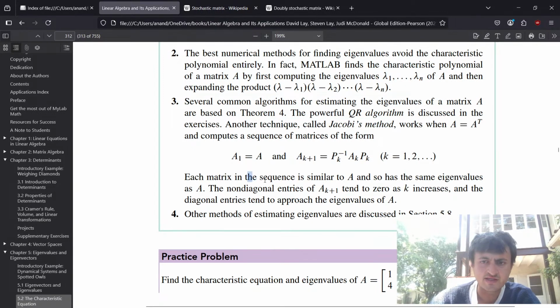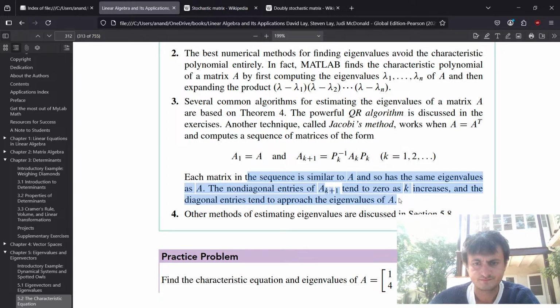Each matrix in the sequence is similar to A and so has the same eigenvalues. The non-diagonal entries tend to 0 as k increases, and the diagonal entries tend to approach the eigenvalues of A.